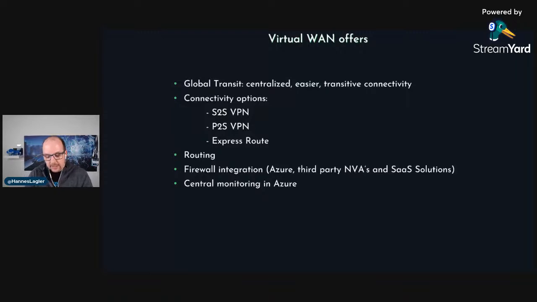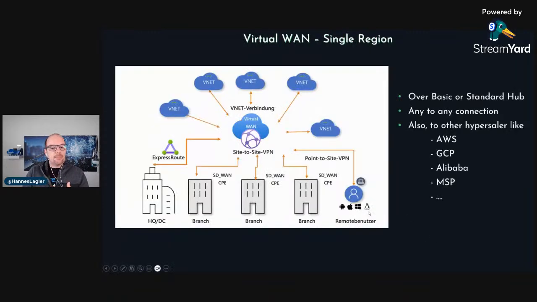Okay, from the architecture perspective. When we think about Virtual WAN, we have two different options that we can use. The first option is we can build a single region connectivity. So we implement one Virtual WAN hub and connect different regions, different endpoints, different branch offices or headquarters over different connectivity options to Virtual WAN: site-to-site VPN, point-to-site VPN, ExpressRoute, what you prefer.